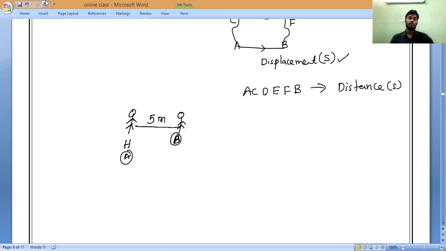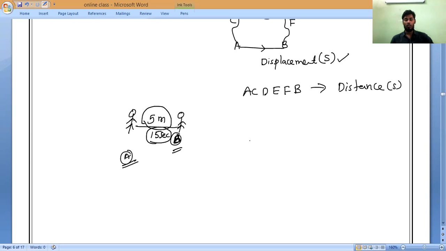Harish took, let me imagine, 15 seconds to travel from here to here. This is the time taken by Harish and this is the distance traveled by Harish from A to B.